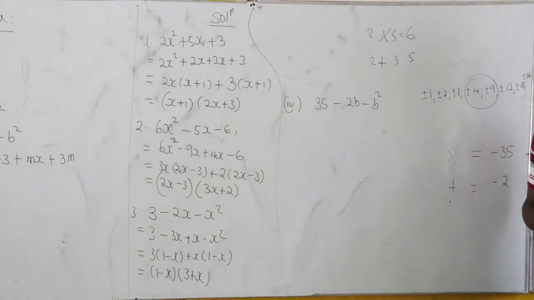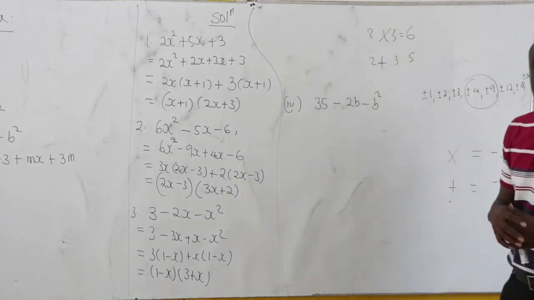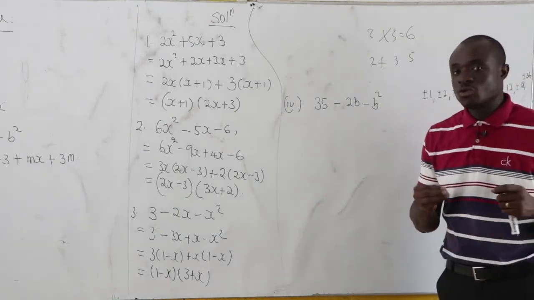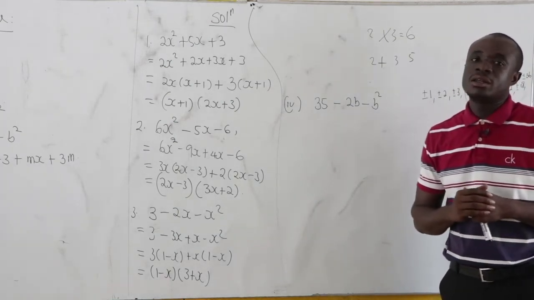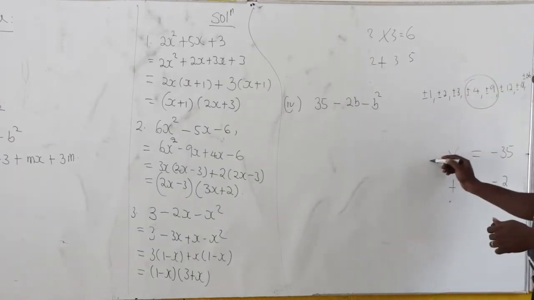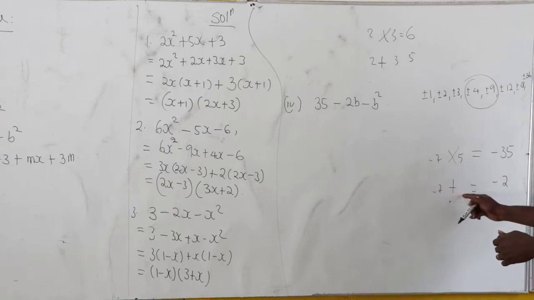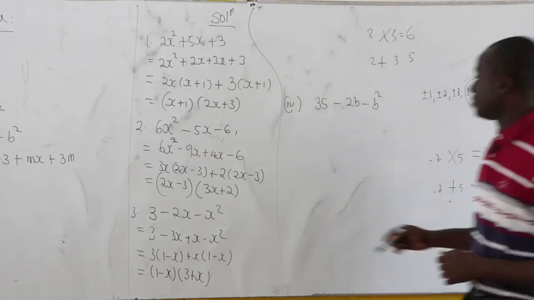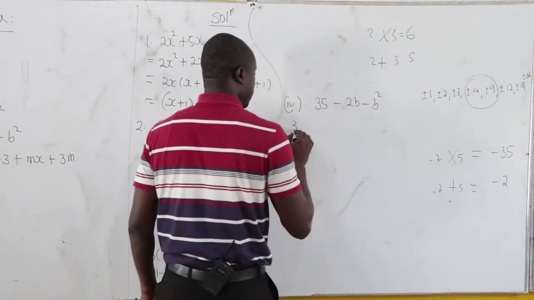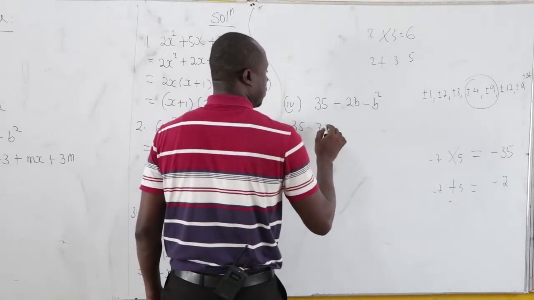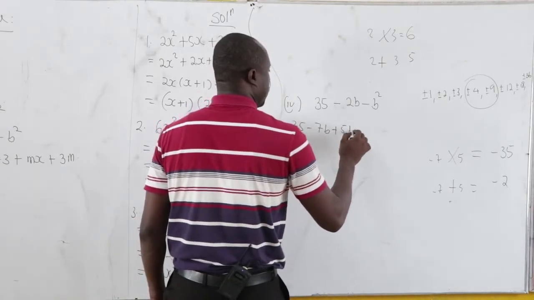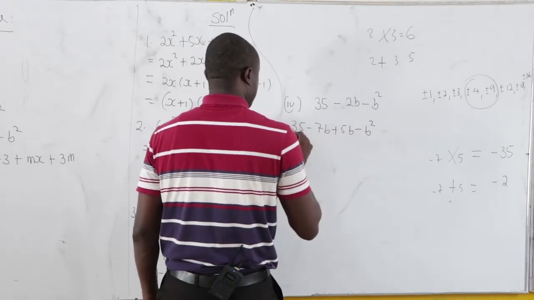Now, you have to consider the factors of 35, and we see that the factors will be negative 7 and positive 5. So negative 7 times positive 5 is negative 35, and negative 7 plus positive 5 is negative 2. So we have 35 minus 7b plus 5b minus b squared.